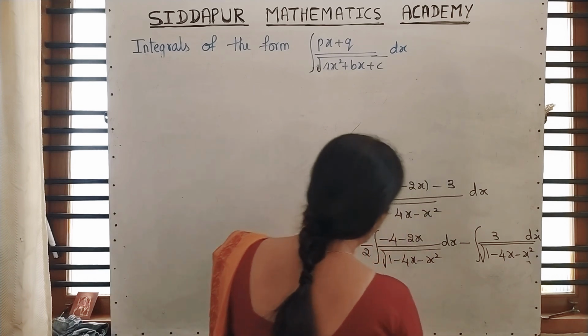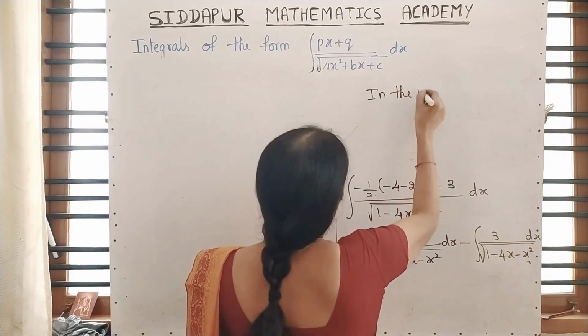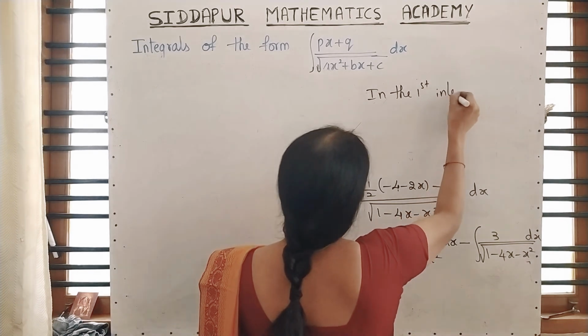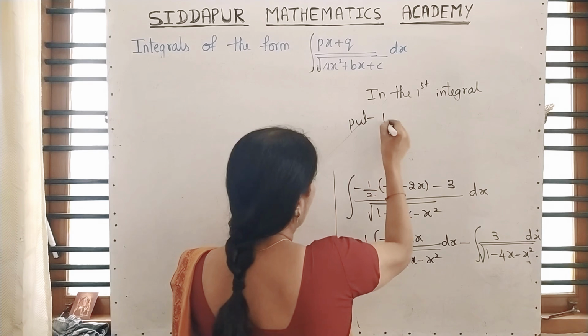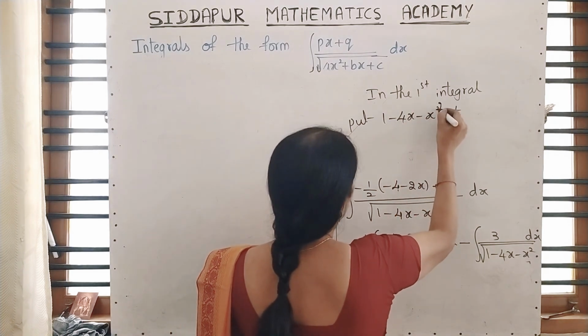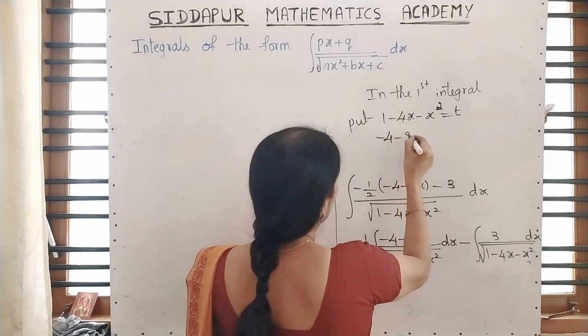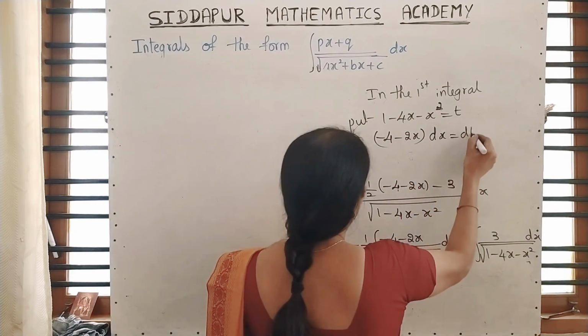In the first integral, put 1 minus 4x minus x square as t. This minus 4 minus 2x into dx as dt.